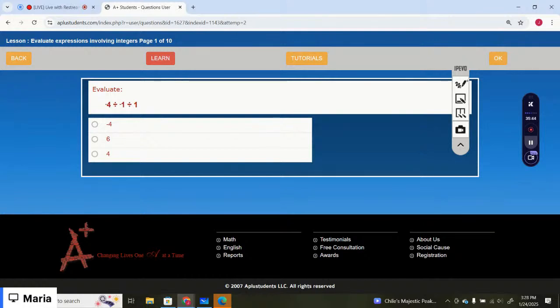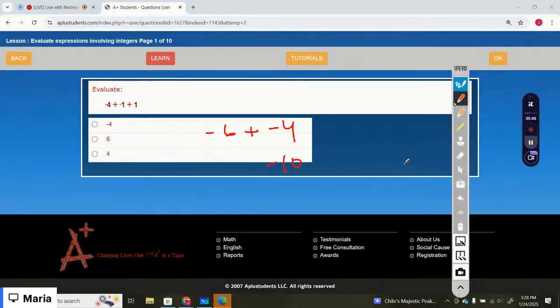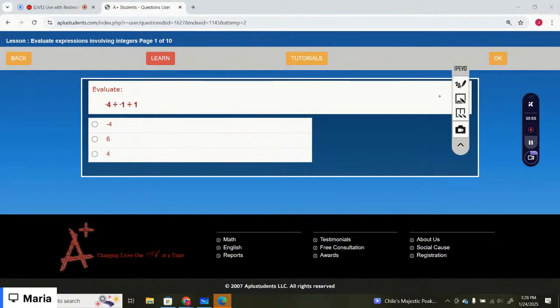So both the operations are division. You can go from left to right, right? So negative 4 divided by negative 1 is 4, and then 4 divided by 1 is 4. Option number 3 is the correct option.